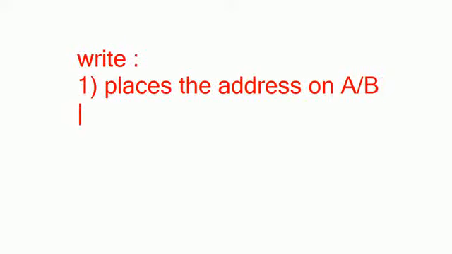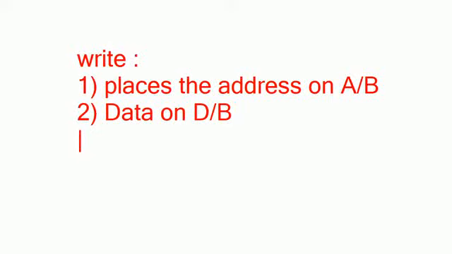Previously we had the read signal generated, but here, along with the address, after some period, meaning after the first clock cycle, it will place the data on the data bus.